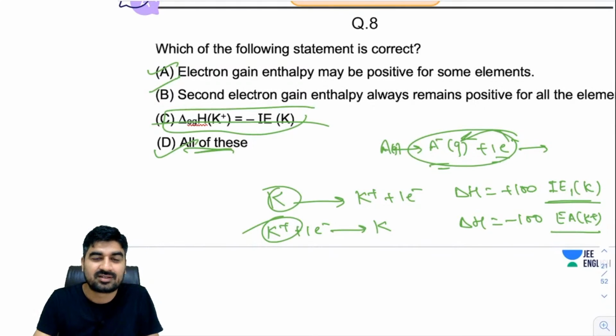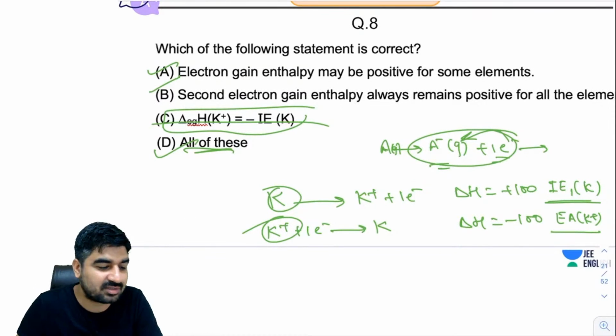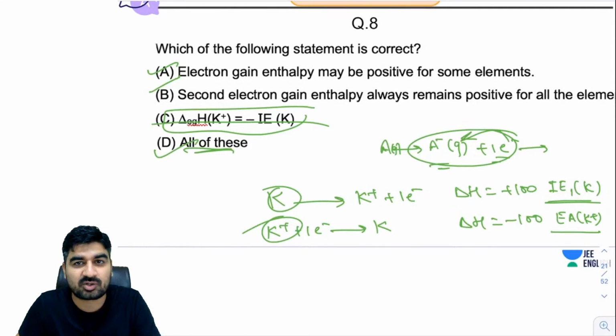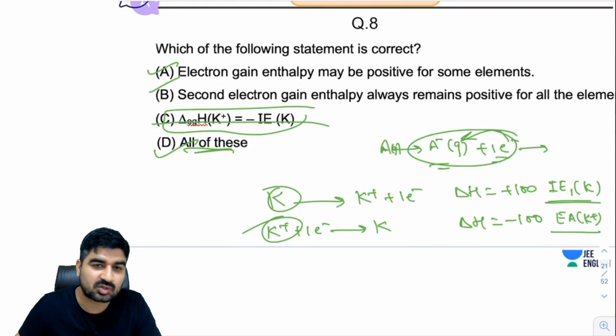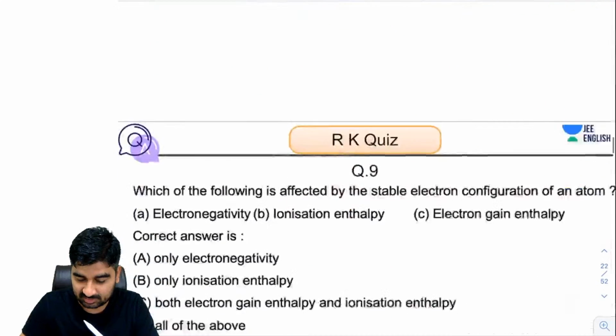Got it? So are you people enjoying it? Yes, let me know. Should we have such type of quiz on a regular basis? Yes, Pavan, Sylvester, Lokesh, Captain Jack. Okay. So I will be having such quizzes at regular intervals. Don't worry about it. So next question on your screen.